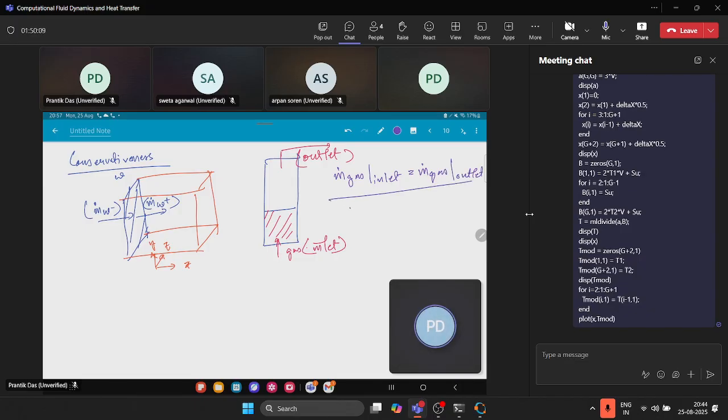Otherwise, mass conservation is violated if they are not the same, and this introduces numerical error. Is it clear to all of you?